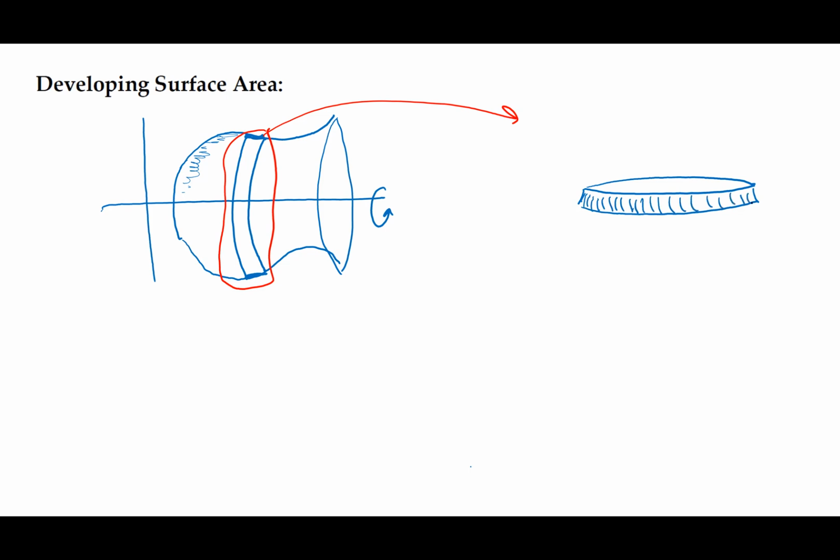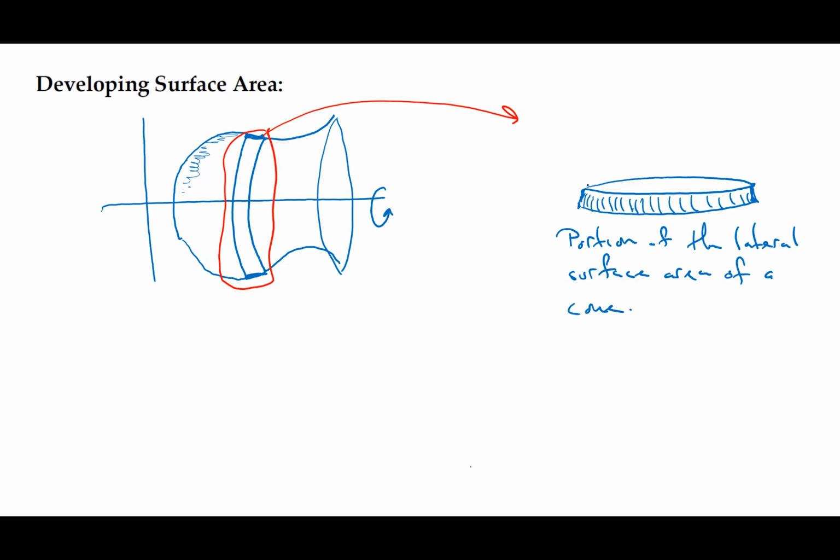Now, geometrically, if I consider this as some linear approximation, line segments, then what I have is really a portion of the lateral surface area of a cone.